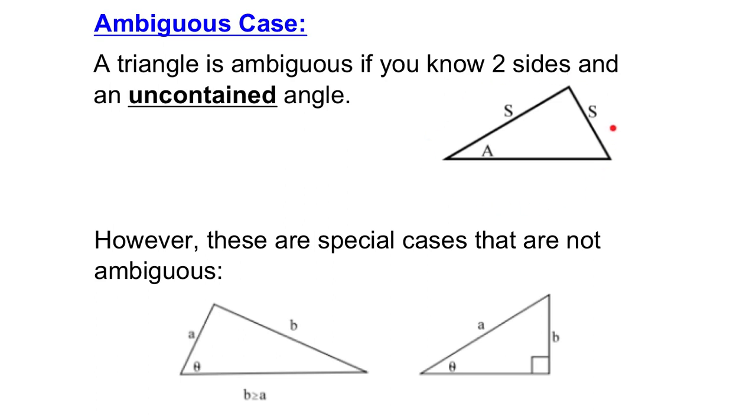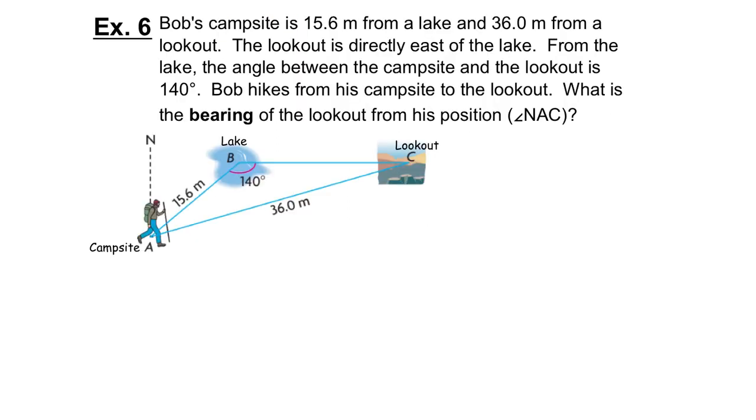But in general, if you have a triangle and you know two sides and an uncontained angle, look to see if it's an ambiguous case. And you're going to have two possible answers for some of your angles in the triangle. Now this last example is a word problem, and a lot of people struggle with word problems because they get bogged down in the words, in the description.